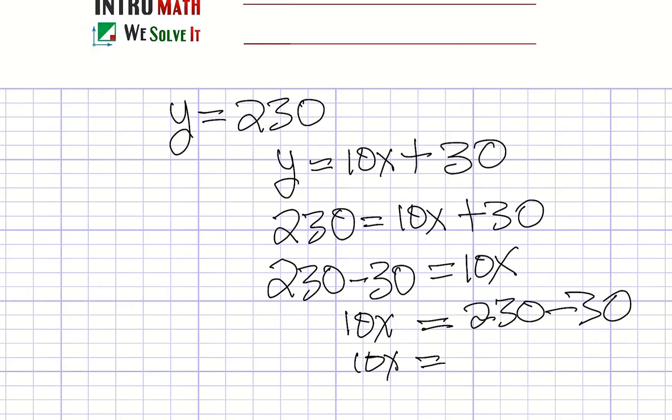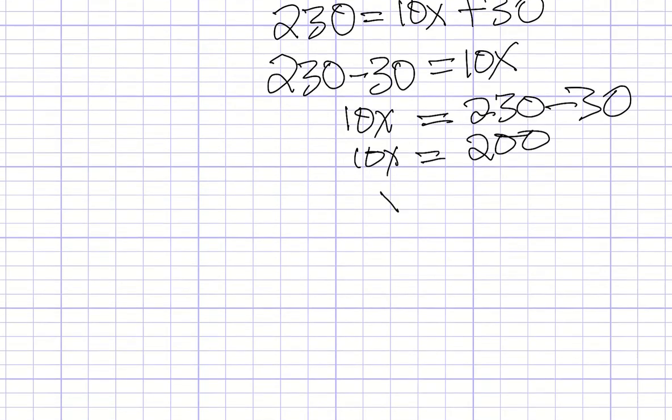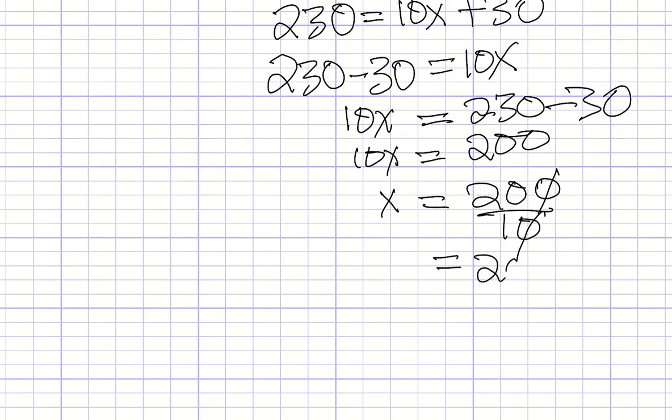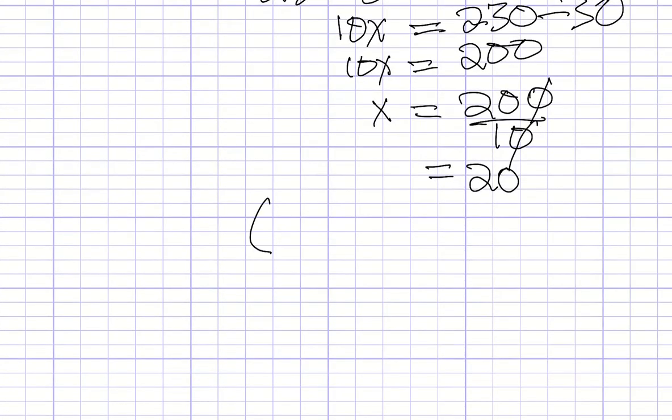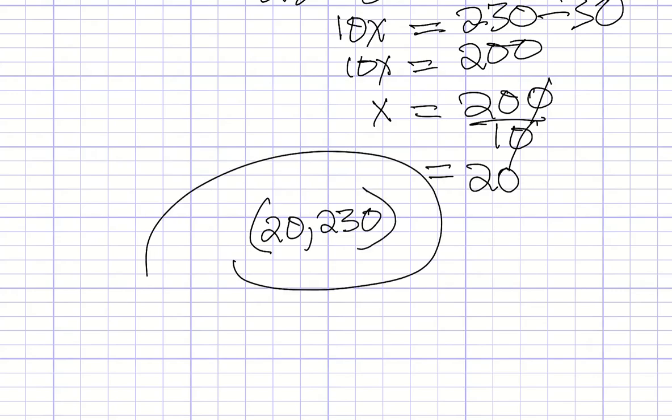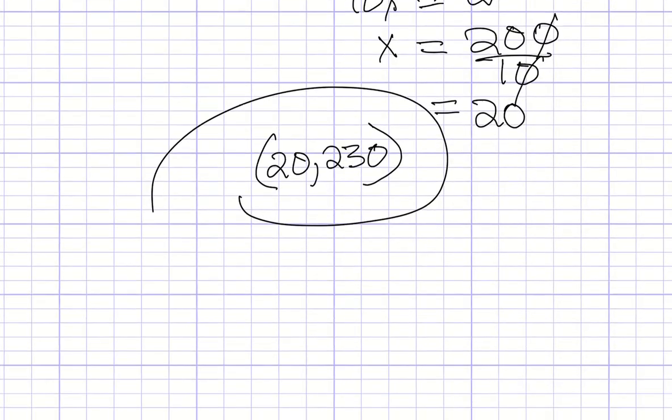Simplify the right hand side, you get 200, okay? And then that would be x is equal to 200 over 10. Just cancel that, so x is equal to 20. So you kept it for 20 days, which means your ordered pair is (20, 230). So if you put this ordered pair in that equation, it will come out true.